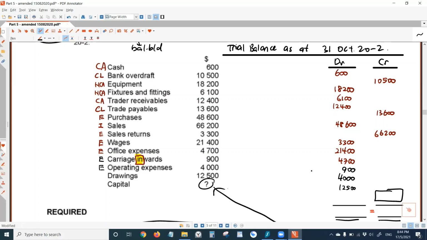Give me a second to calculate. Okay, Razin has got a number.